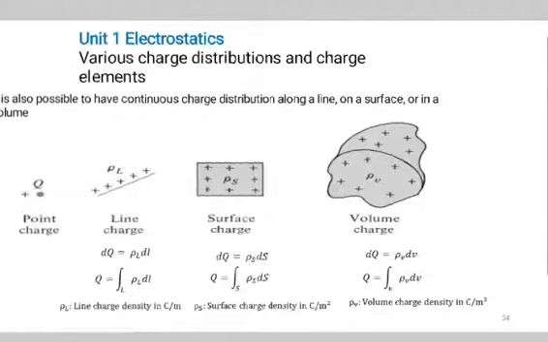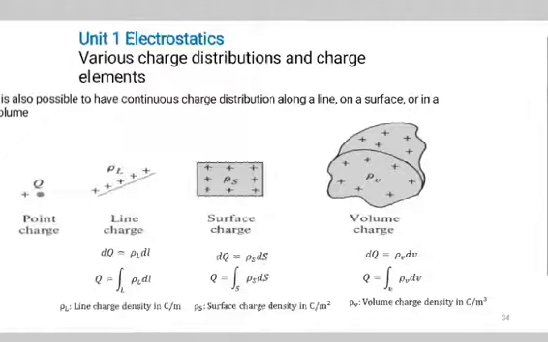So the expression for electric field intensity due to the line charge is E equal to rho L divided by 2 pi epsilon 0 R. dq is equal to rho L into dl.